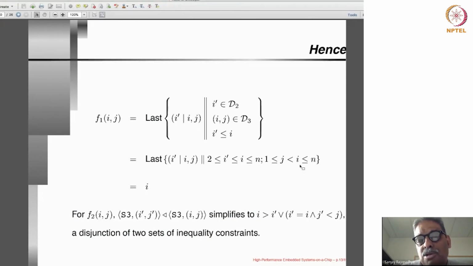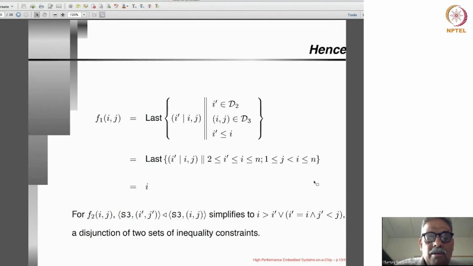And out of those, the last one is the last point in a line segment, and it happens to be one of the vertices of that line segment, and that vertex is I. Okay? If you draw this out visually, you will see that. What you have obtained is that the answer F1 is a function of I, and you got it that way because you treated ij as parameters. Okay?